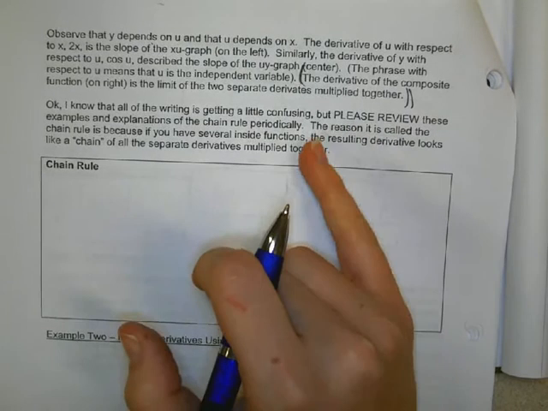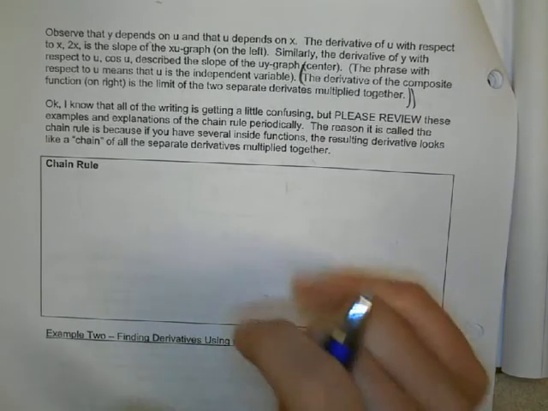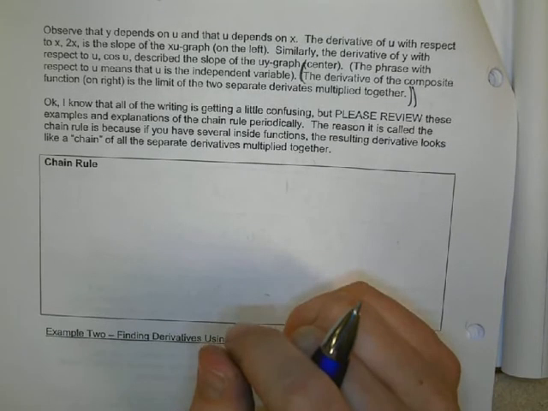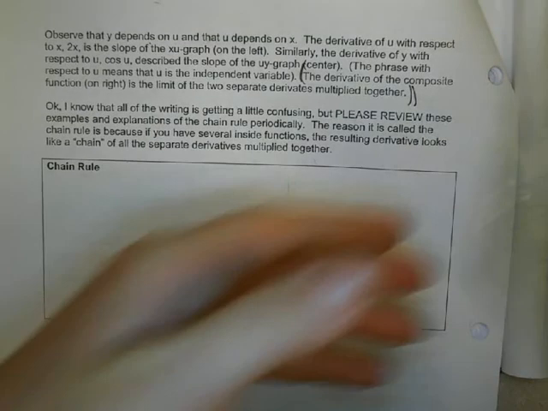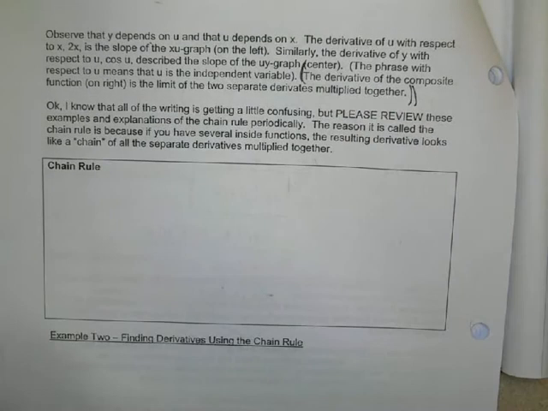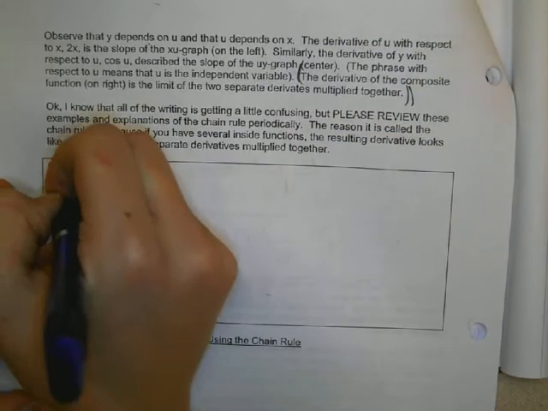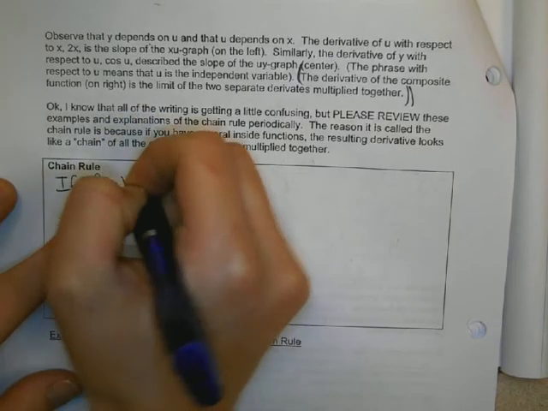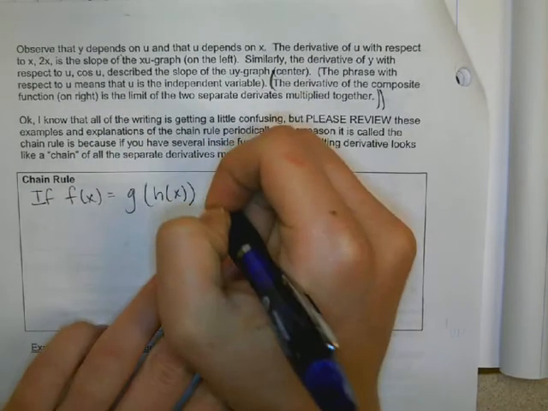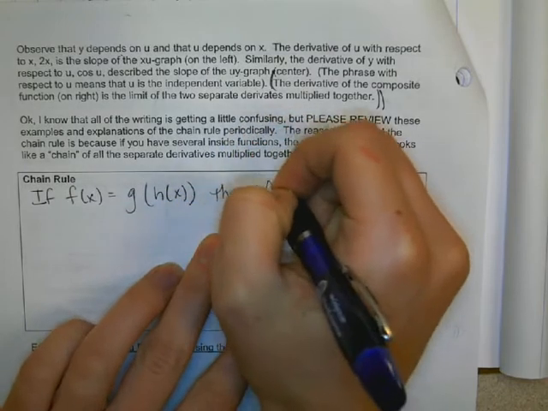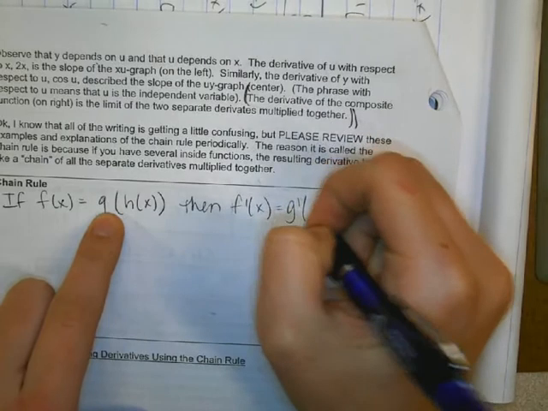Okay, so let's go down to here. The reason it's called the chain rule is because if you have several inside functions, the resulting derivative looks like a chain of all the separate derivatives multiplied together. So what this looks like in terms of writing out the chain rule, we would say, okay, if f of x equals g of h of x, then the derivative of f is the derivative of your outside function.